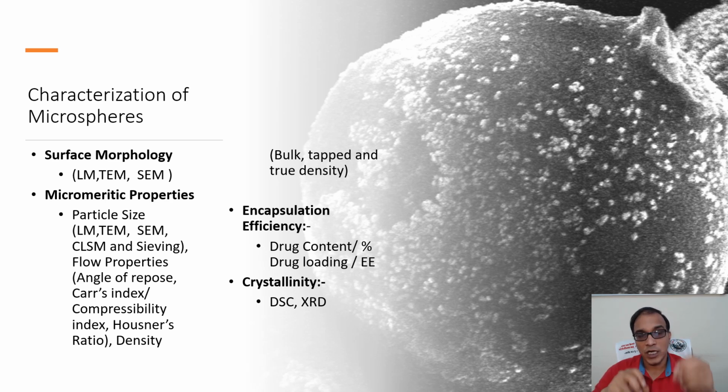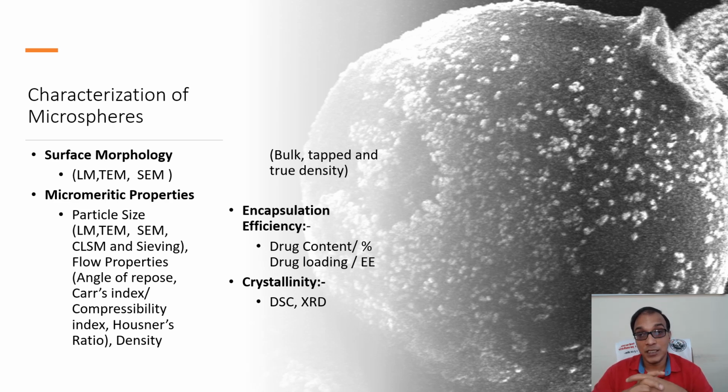For example, you take methanol directly, so that each and every component is dissolved in the methanol, and then you stir it for 3 to 4 hours, or sometimes overnight, depending upon the nature of the drug and the polymer. Then you assess it spectrophotometrically. You come to know how much drug is loaded into that certain amount of microspheres. By this way, you can calculate the amount of microspheres which you need for your dissolution studies or for your doses.